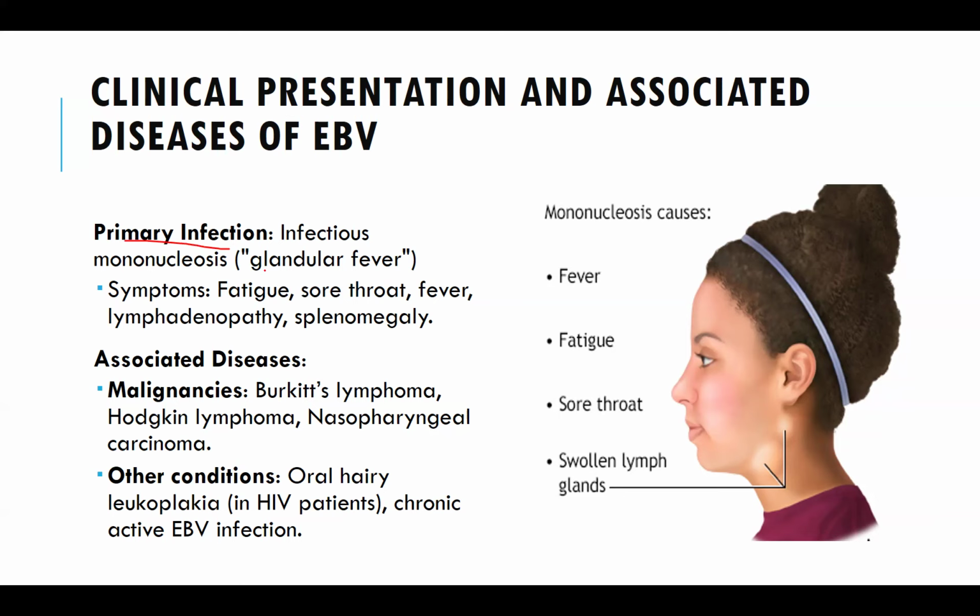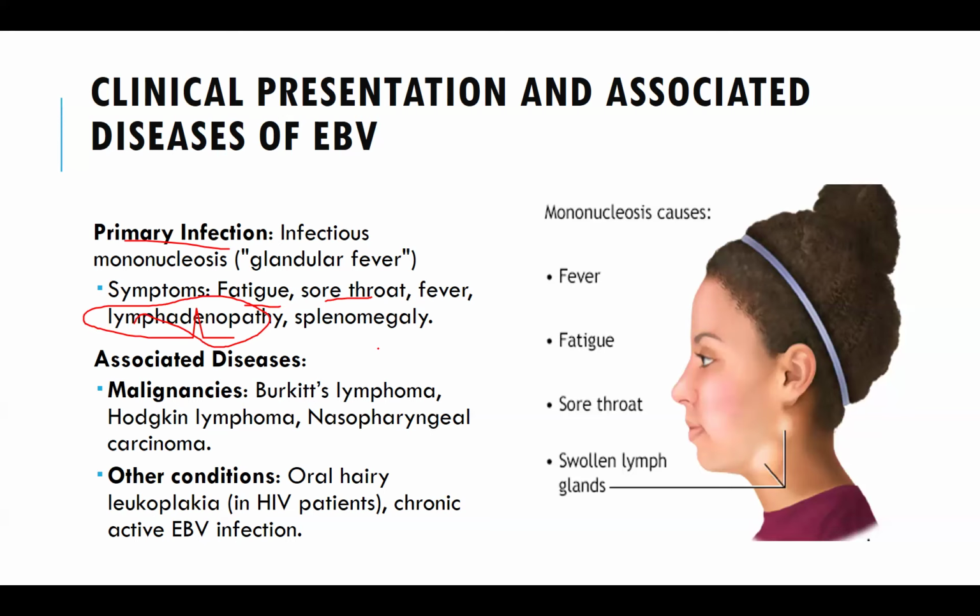Remember, I told you it is called the kissing disease because it is spread mainly through saliva, and in the adolescent period, that's where people start kissing. In symptomatology, someone usually presents with fever, sore throat, fatigue, and importantly, lymphadenopathy, usually involving the cervical lymph nodes. In a few cases, we can see splenomegaly.